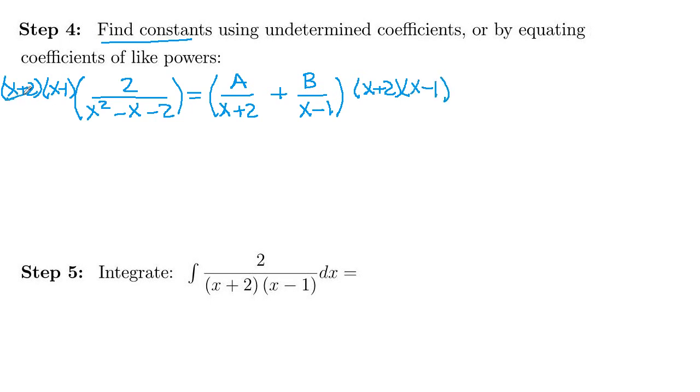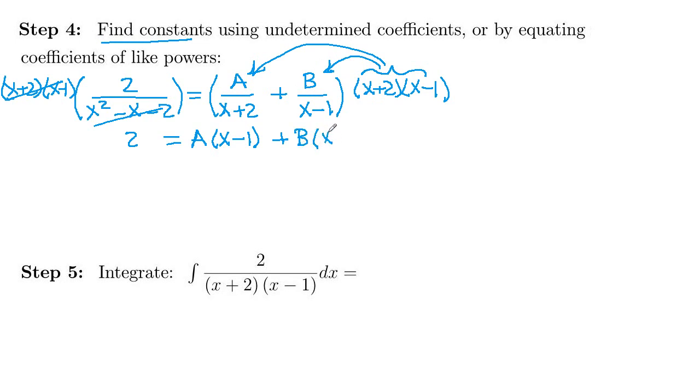On the left-hand side, these cancel because that's exactly how this factors. So we're left with a 2. On the right-hand side, this whole expression comes in times each term. When you multiply these, the x plus 2's will cancel. You're left with a times x minus 1. Plus, when you multiply this one times the second term, the x minus 1's cancel. You have b times x plus 2.